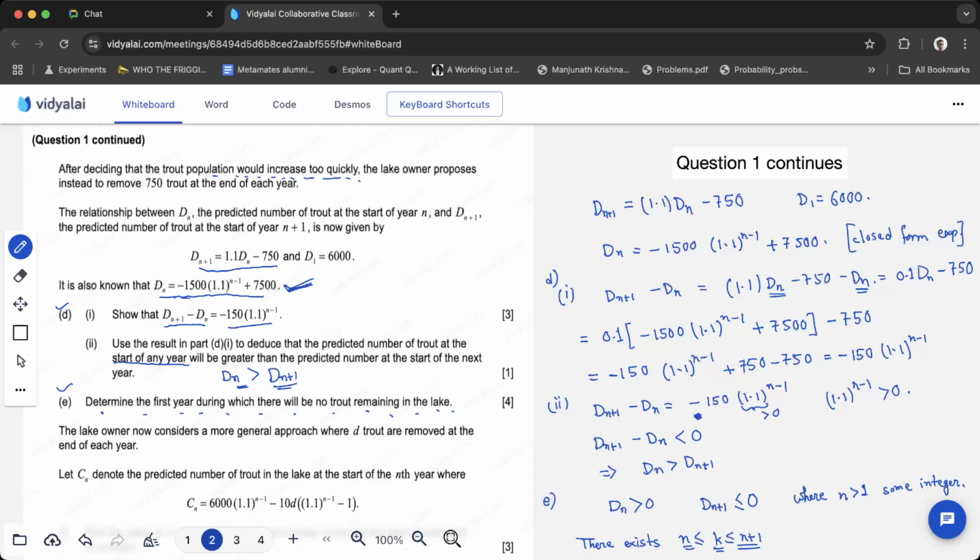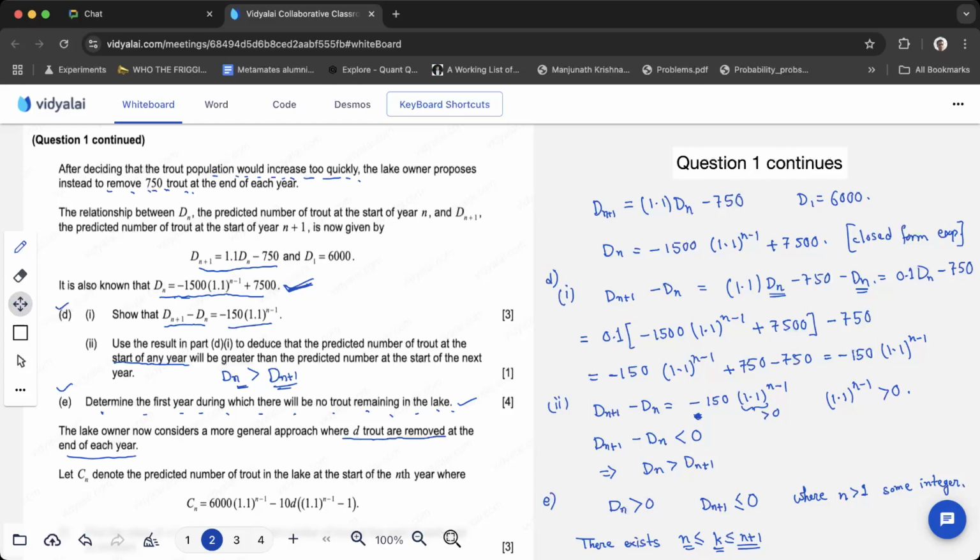So he decided to remove 750 trout. Now he finds out that his lake is out of trout fish by the 18th year, as we found out. So we have to optimize. The lake owner now considers a more general approach where the trout fish will be removed at the end of each year.